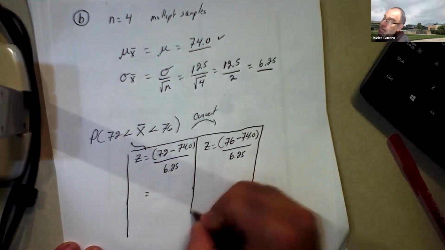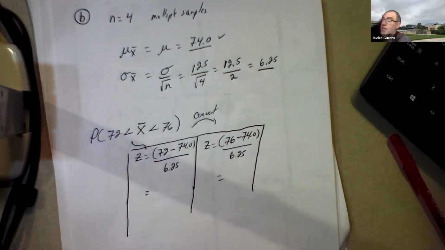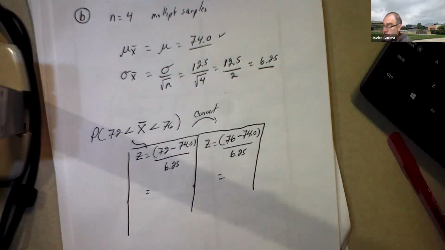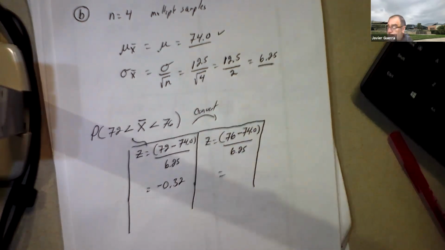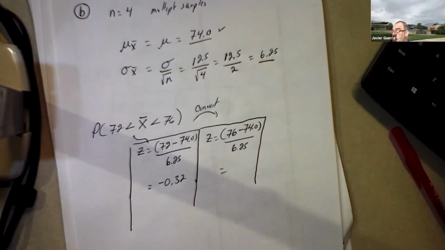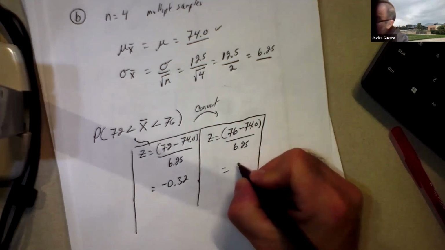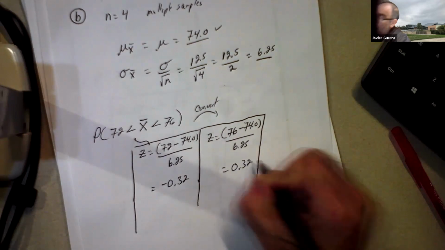Let us calculate it. 72 minus 74 divided by 6.25 is negative 0.32. And the other one is positive 0.32, I think. Yeah, it is positive 0.32.